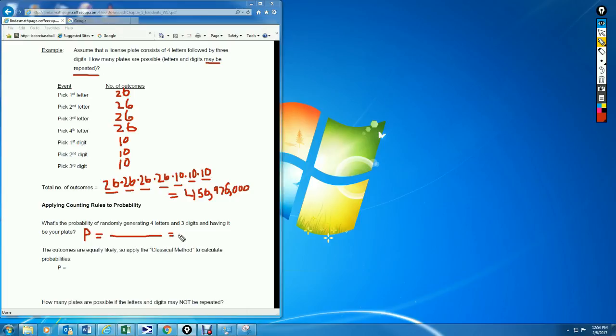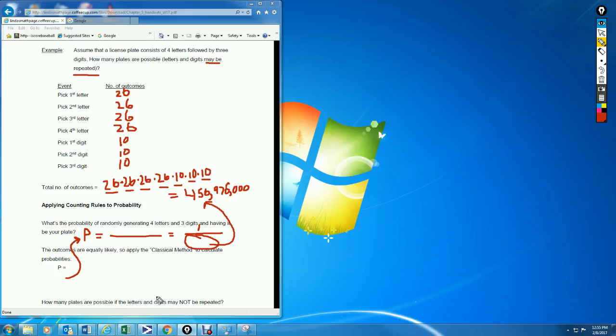So in this case, the number of ways that it can be your plate is only 1, over the total number of outcomes is this number. Okay. So 1 over that, if you divide it out, it's 0 point followed by 8 zeros. 0.00000000219. Okay? And I meant to write that here. Sorry.